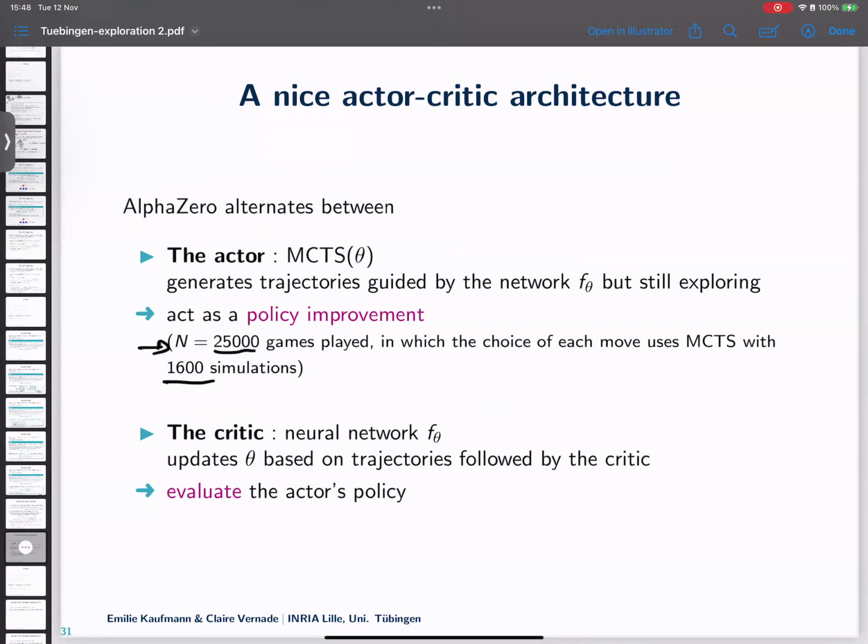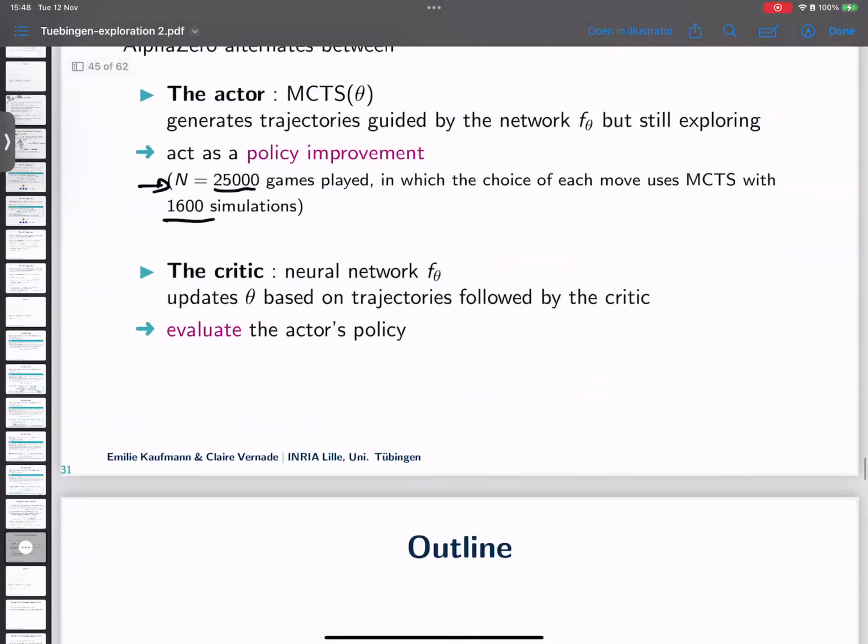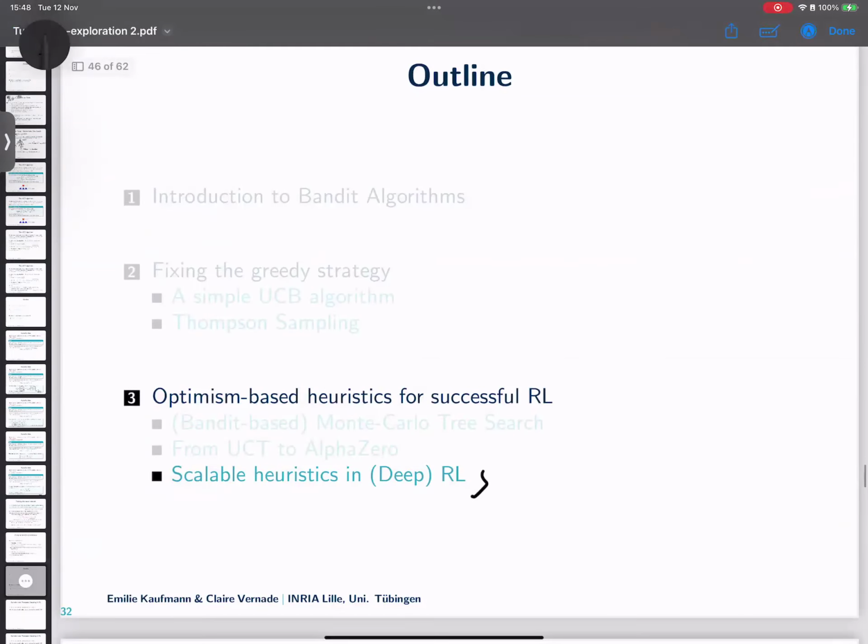Okay, I will stop here just because it's time, but also because I mostly covered everything. So the last part of the course will be on the slides, and I think the slides, do you have them already or not? Yes? Okay. So the last part of the course essentially covers other RL algorithms that use these optimistic principles and these Bayesian principles to improve deep exploration.